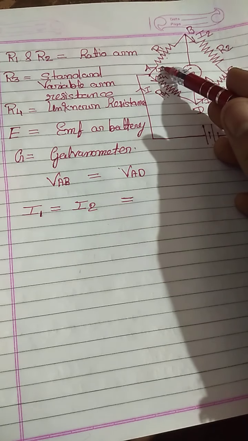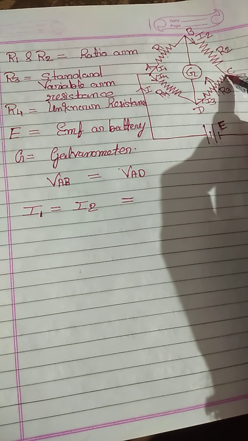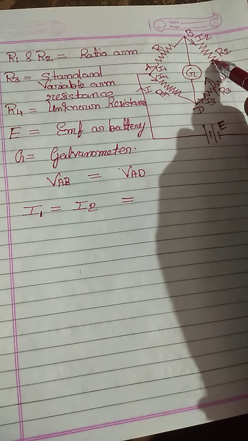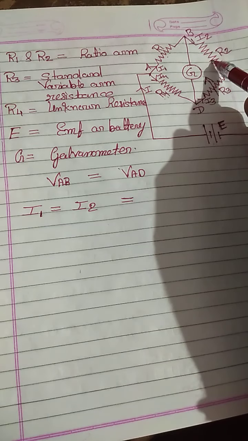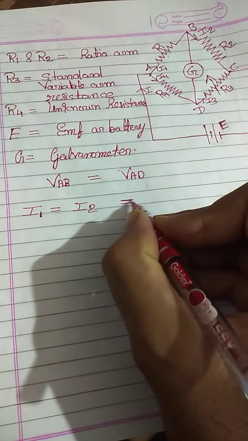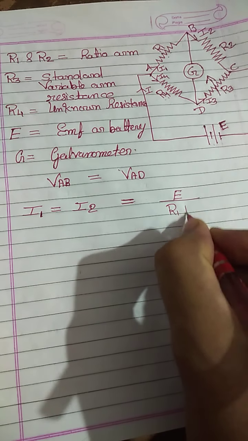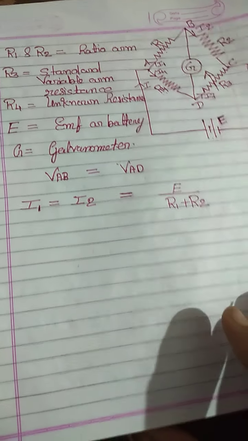This I1 current flows through the next resistor in the same quantity because R1 and R2 are connected in series. In series connections, current is the same, so the voltage across it will be E over R1 plus R2.